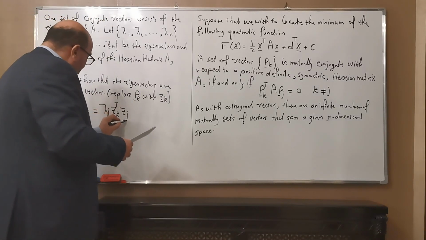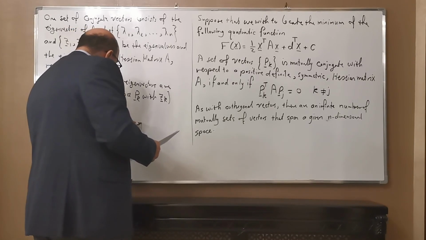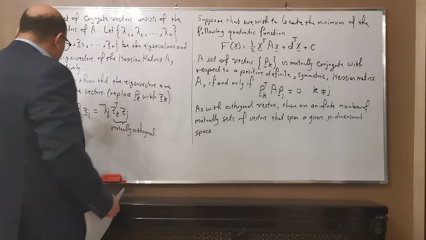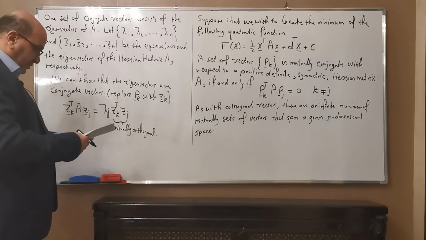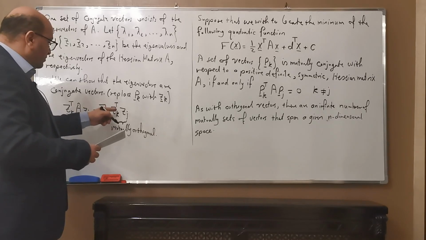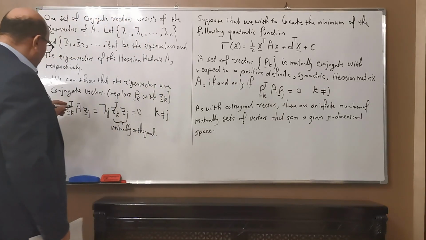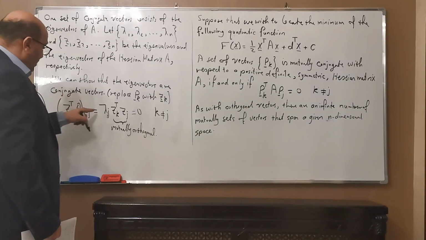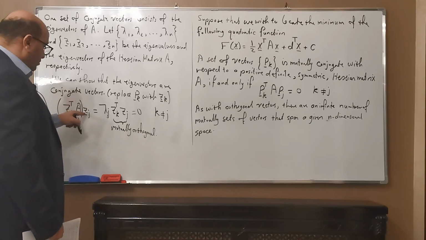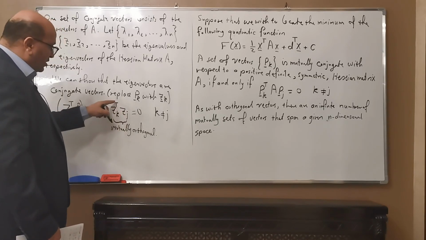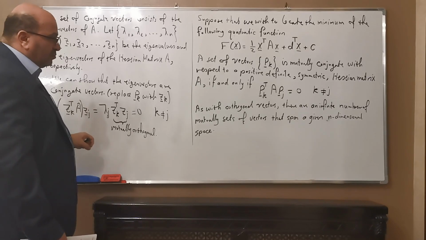This is true because lambda j is the eigenvalue of the matrix A. This is equal to 0 for k not equal to j, because z sub k and z sub j are mutually orthogonal, since they are eigenvectors of a symmetric positive definite matrix.